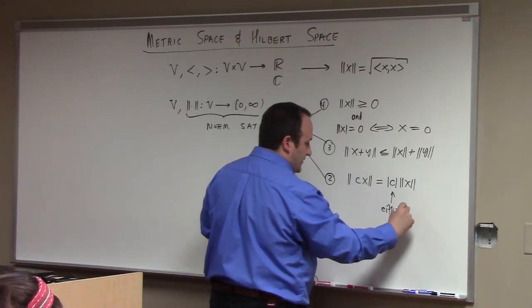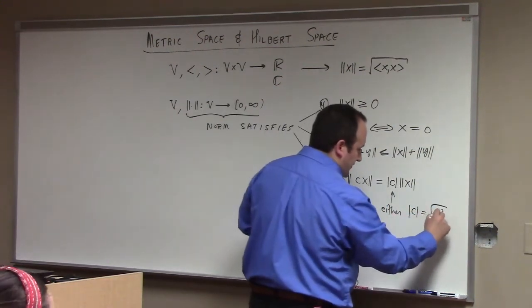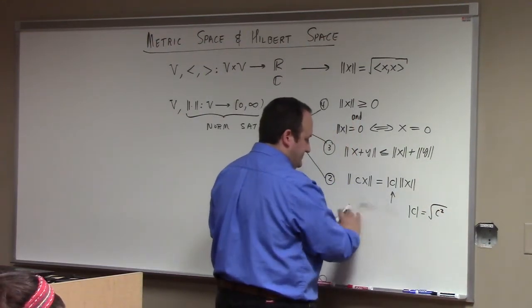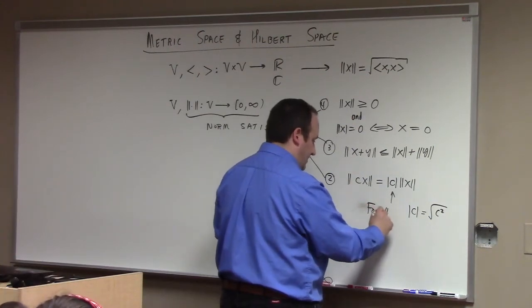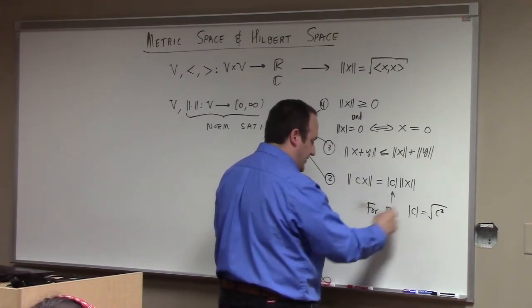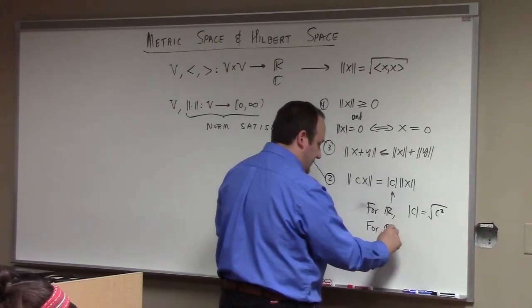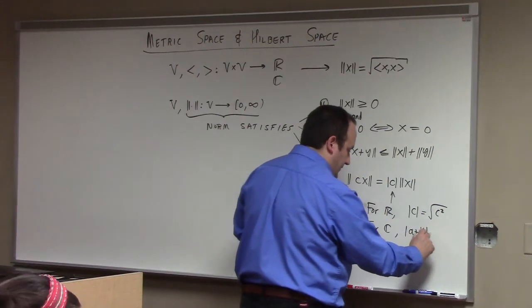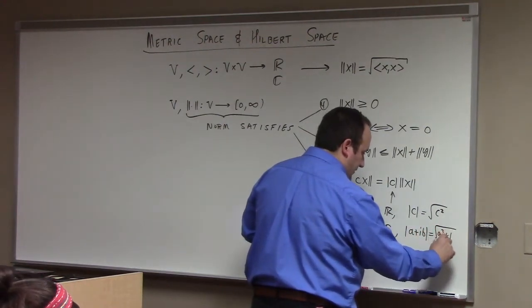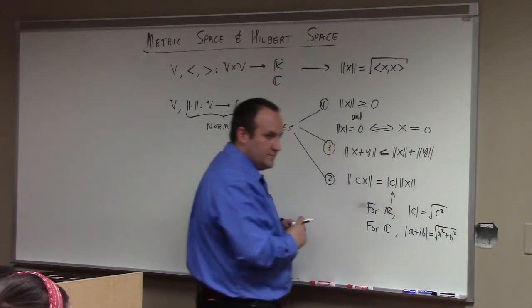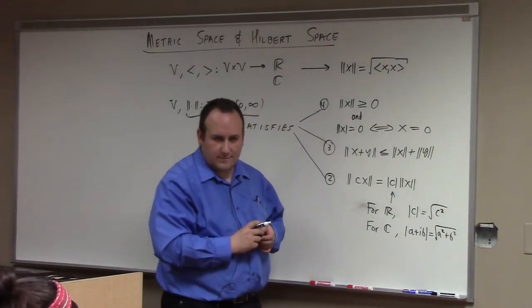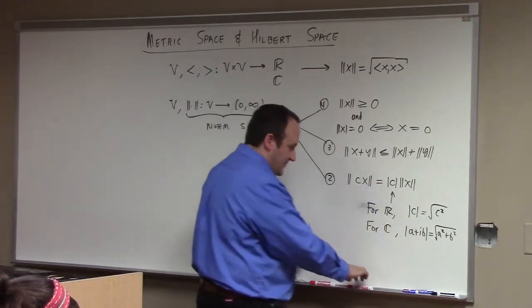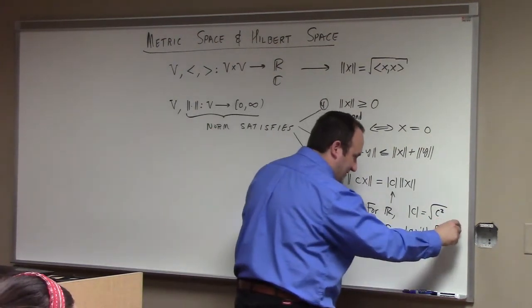This should be understood to be either, for the reals, the absolute value of c is the square root of c squared, if the base field is the reals. If we're talking about complex numbers, then the modulus of a plus ib is equal to the square root of a squared plus b squared. Of all the things I've said so far today, this is something that actually matters and you need to fix.